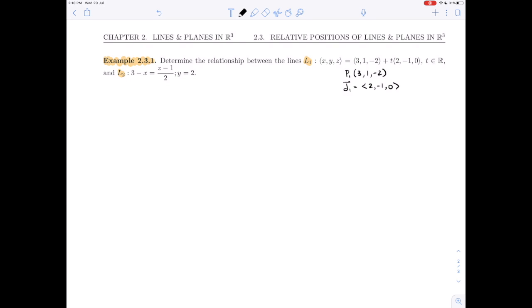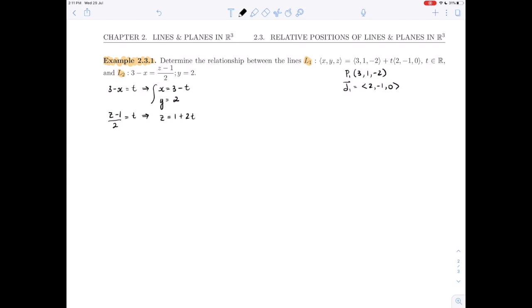L2 is going to require a little more work since it's in symmetric form, so we remember that those expressions are all equal to t. So 3 - x = t tells us that x is 3 - t. y is equal to 2, which is just given. And (z - 1)/2 = t tells us that z is 1 + 2t.